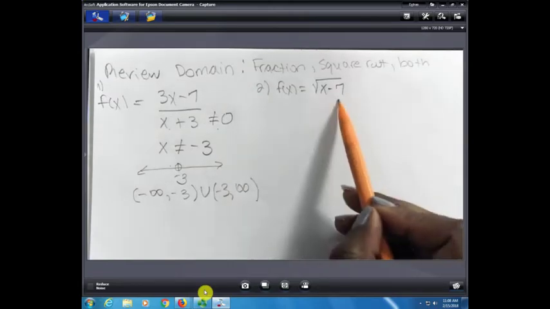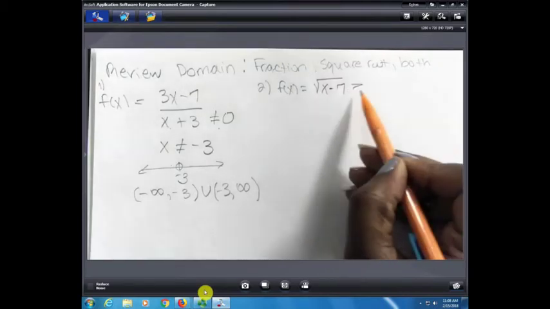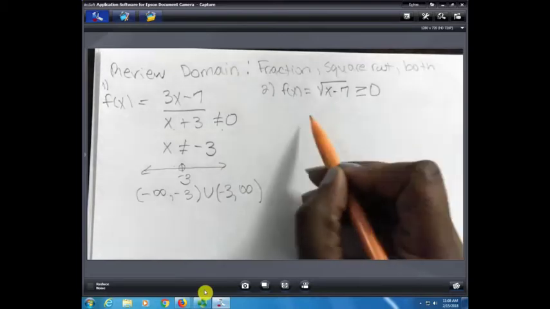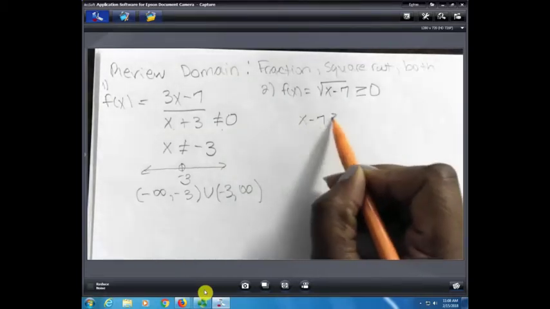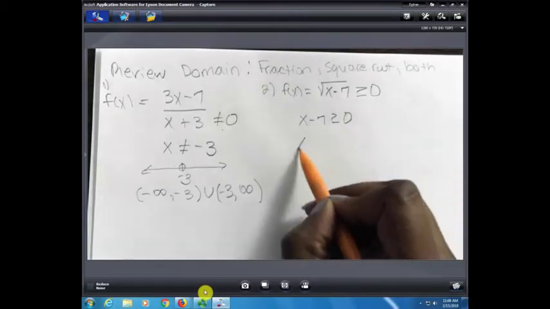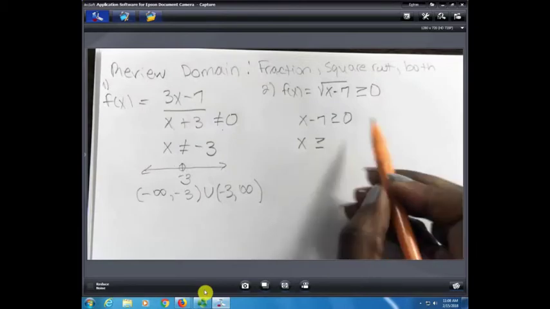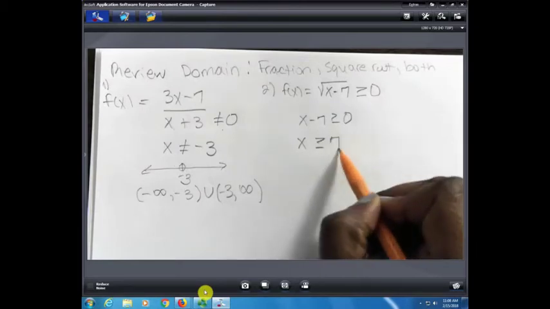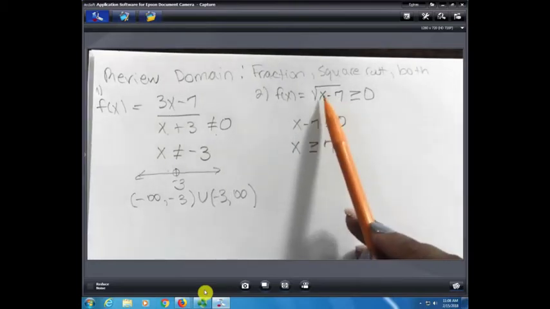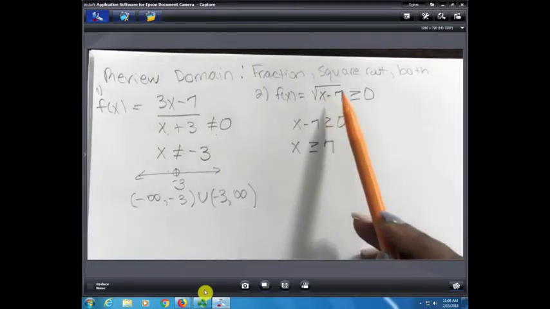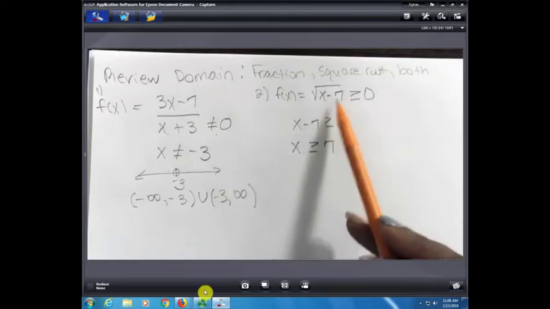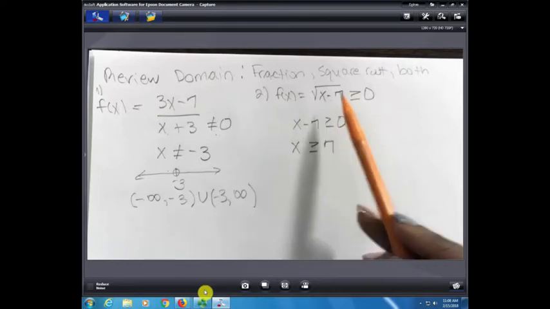So, if it can't be negative, but it can equal 0, this square root needs to be greater than or equal to 0. So if x minus 7 is greater than or equal to 0, my x needs to be greater than or equal to 7. Because I can have 7 here, that'll give me a square root of 0, which is 0. Or I need numbers bigger than 7, like 8, 9, 10, because that'll give me positive numbers underneath the square root.